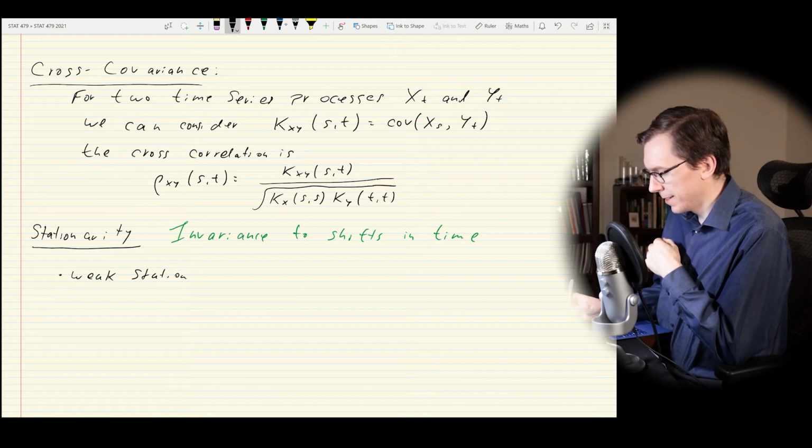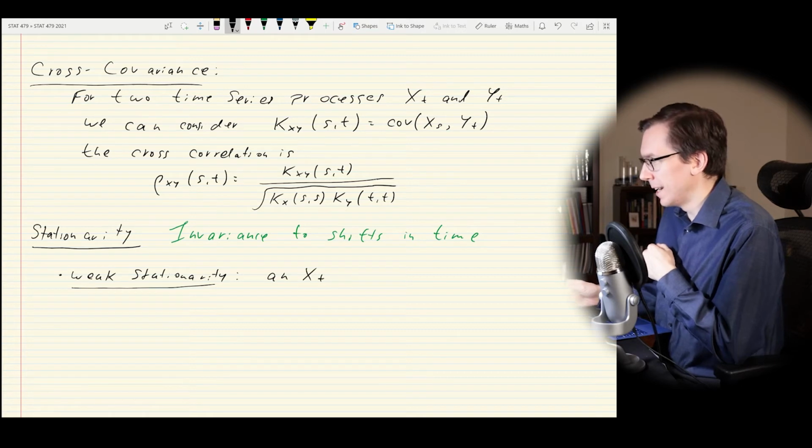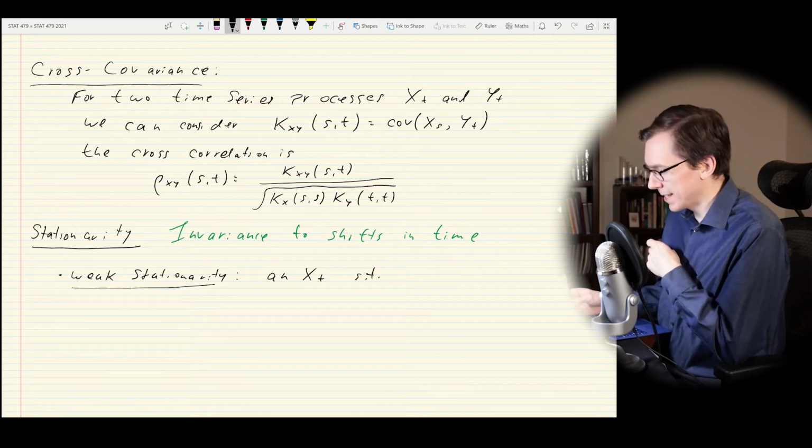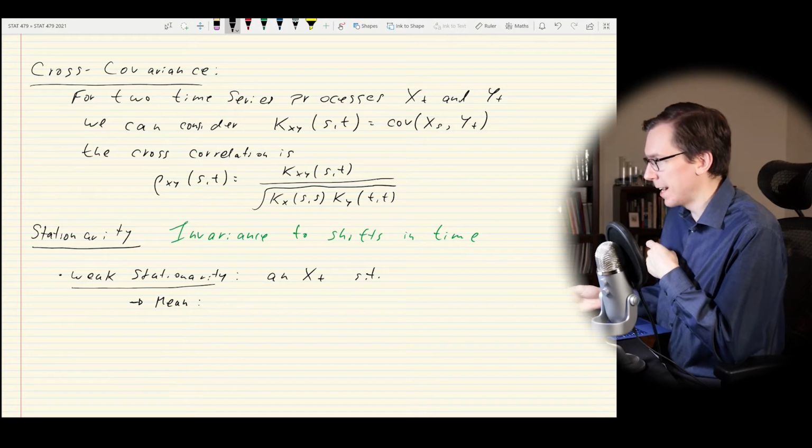Weak stationarity. A weakly stationary process is going to be an xt such that, well, two things. The mean is invariant to time shifts.